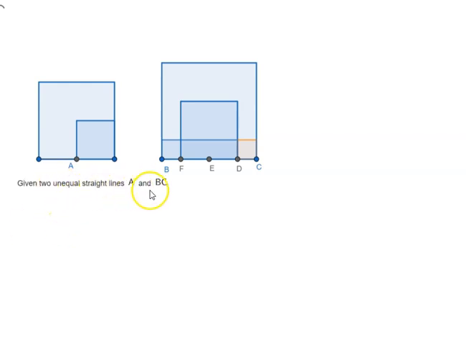We are given two unequal straight lines A and BC, where BC is greater than A, and we apply a parallelogram BD by DC with a square remainder. And how to apply this parallelogram we saw in the lemma of the previous proposition.